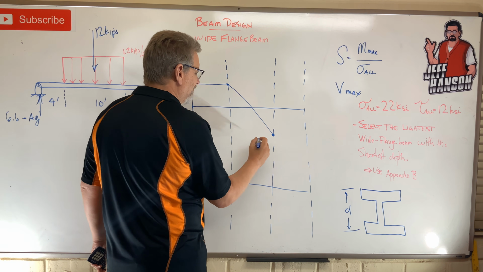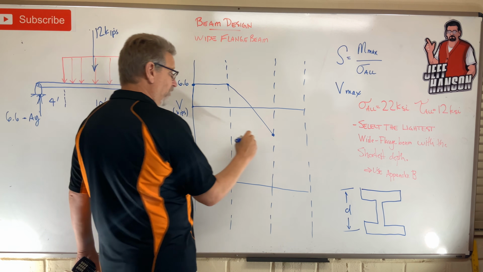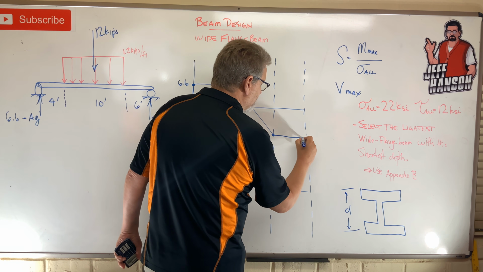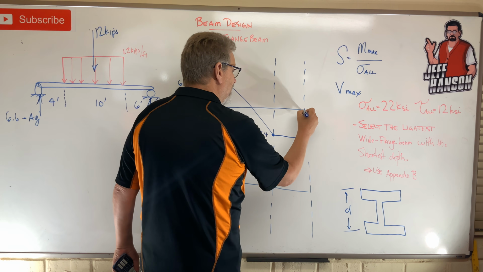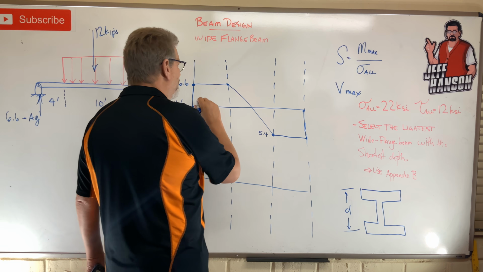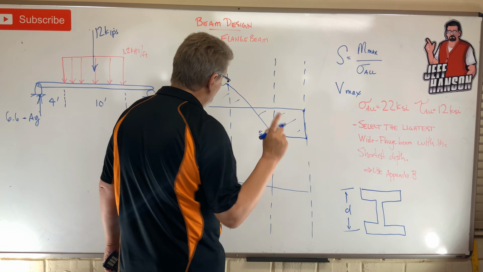Which takes us down to 6.6 minus 12. Better be minus 5.4, okay? And then we go across here, no change, bam. And then guess what? Minus 5.4 at the end, whoop. Take me home to the place I belong on my shear graph, back to 0.